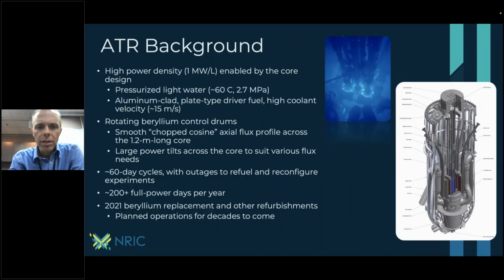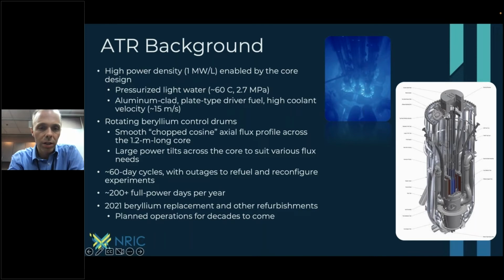So a quick background on ATR. It is generally thought of as a high power density reactor, approximately 1 megawatt per liter. This is specially enabled by its core design. It is a pressurized water reactor, but maybe not the kind of pressurized water reactor you would think of if you were thinking of a commercial plant. And that's because the pressure isn't quite that high.